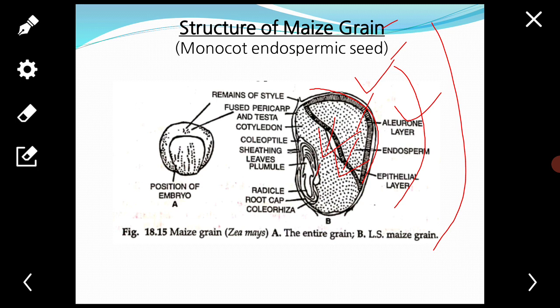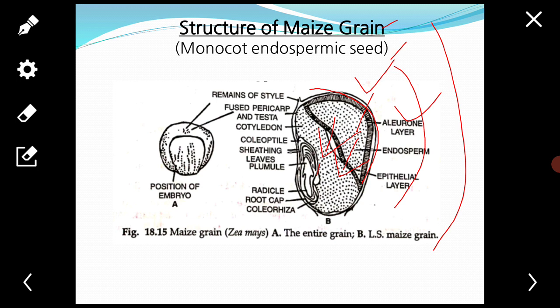The epithelial tissue of the scutellum, lying in direct contact with the endosperm, is both secretory and absorptive in function. It secretes certain hormones into the endosperm which synthesize enzymes.